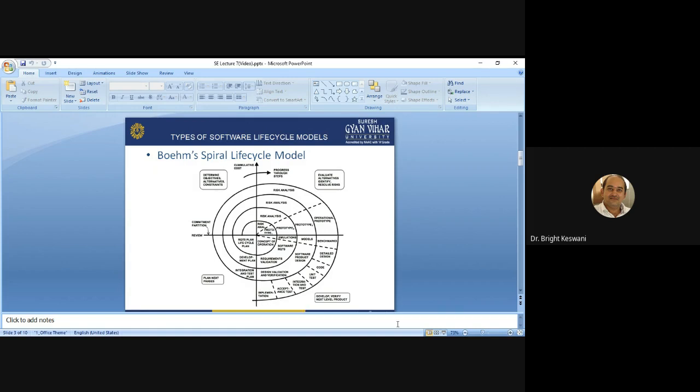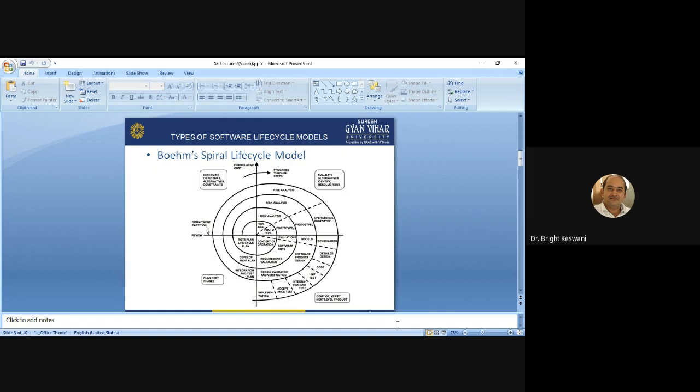At this point, all parties with a great interest review the results of the previous cycle and commit to the plan for the next cycle. While each cycle does include a development process, the software is not actually developed for release until the final cycle.